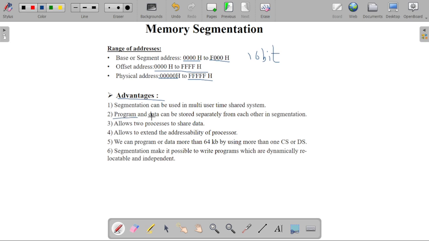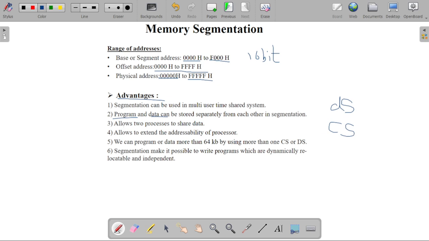Your program and data can be separated with the help of the data segment and the code segment. The data segment is used for declaring our data variables and the code segment is used for writing the actual code of our program. So program and data can be organized with the help of these segments.